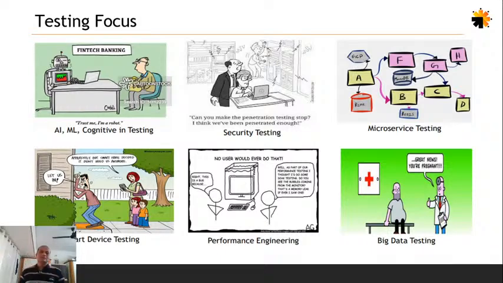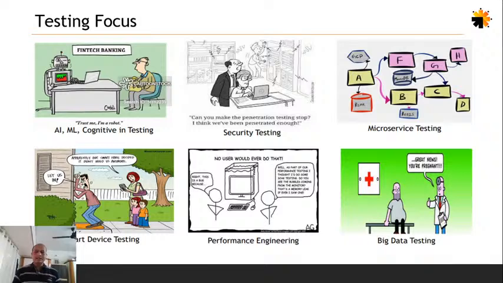Now let's shift our focus into the current trends that we can see in the testing paradigms. So we often hear about AI and ML and cognitive testing. I think fintech and banking is one sector which is growing in leaps and bounds and trying to validate these systems. I could add blockchain also there, because that is something that has been implemented.